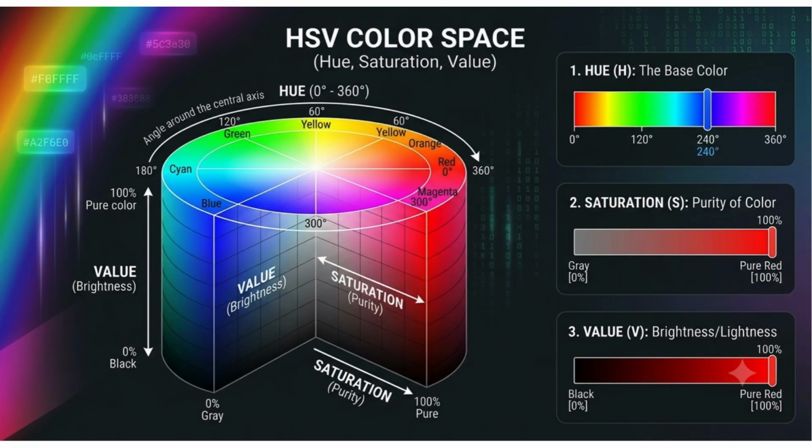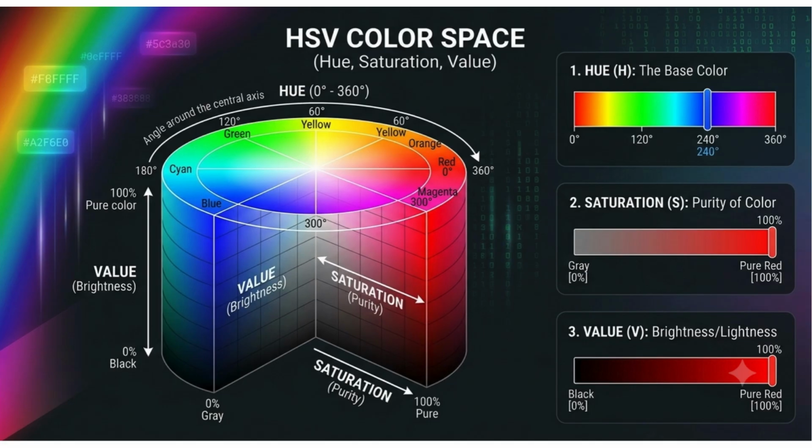Now, what is HSV? HSV stands for hue, saturation, and value. Hue represents the actual color, saturation represents how pure the color is, and value represents the brightness.